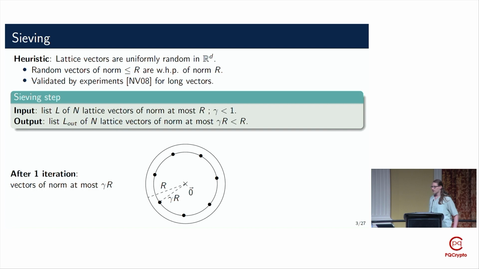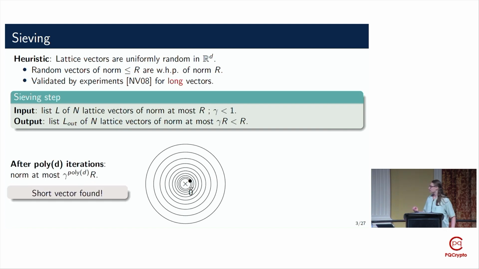Then we apply a first iteration of the sieve step, a second one, and we see that after a polynomial in D iterations, where D is the dimension of the lattice, we can construct a list of vectors of norm at most gamma to the polynomial in D times R, which is exponentially lower than the initial radius R. So we can hope that we have found a short vector in this really small sphere.